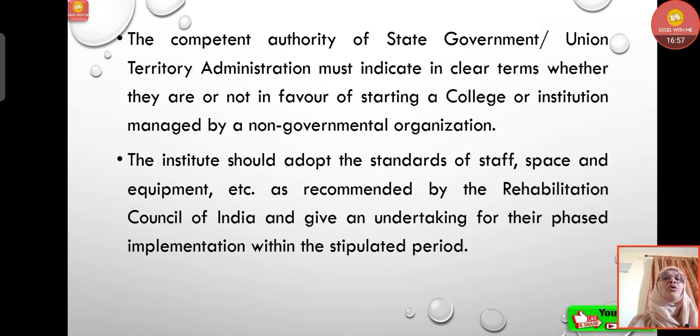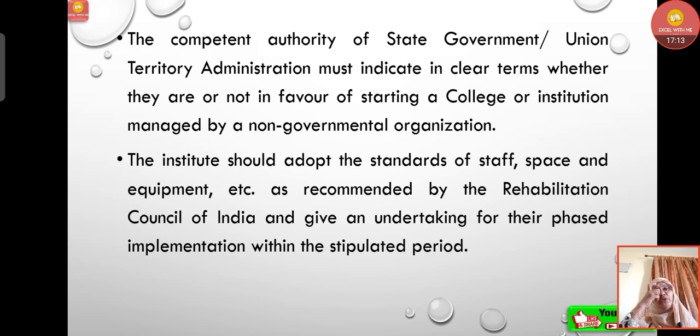Then the competent authority of the state government or union territory administration must indicate in clear terms whether they are or are not in favor of starting a college or institution managed by a non-governmental organization.